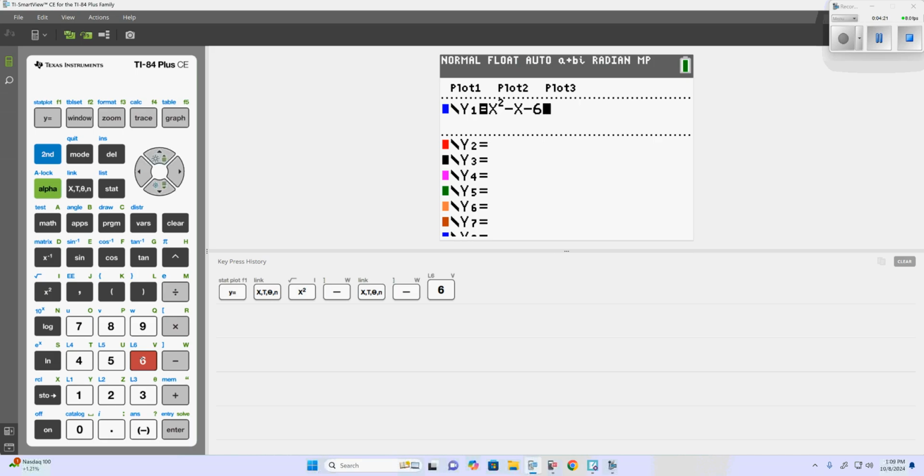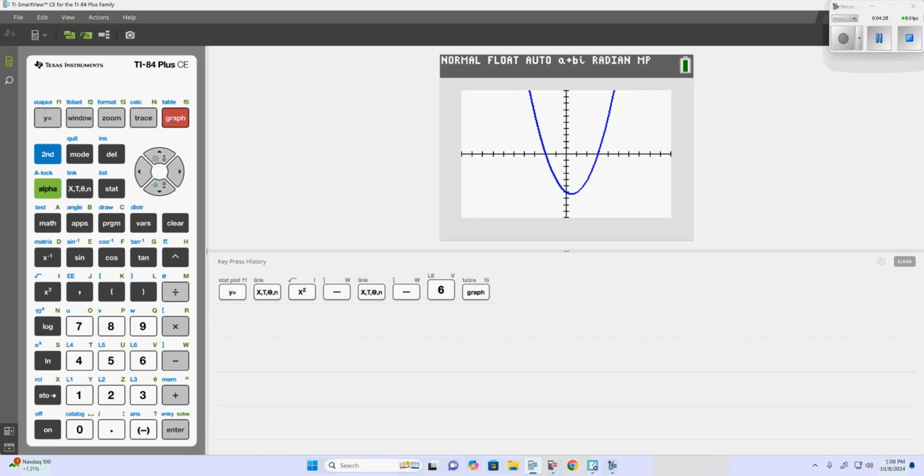Hit graph. Then minus x, that same button up there, minus 6.